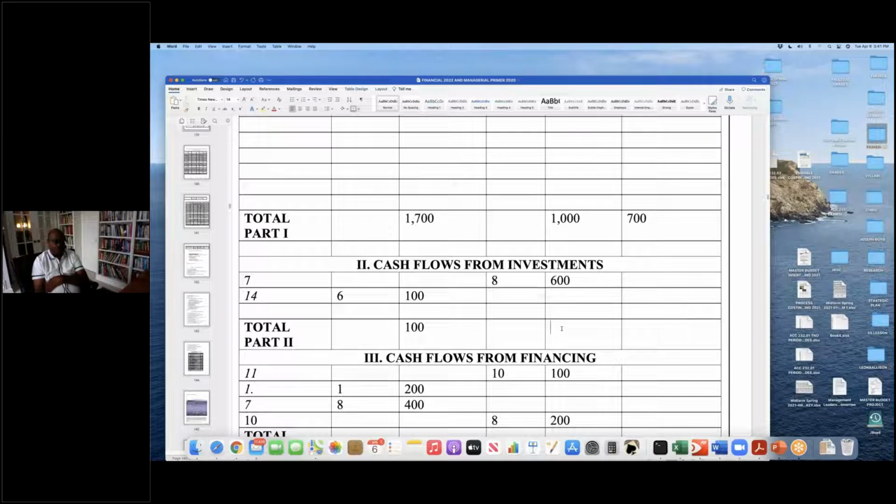Uses: 600. So we get $500 as a use. And since it is a use, it goes in parentheses in this last column.